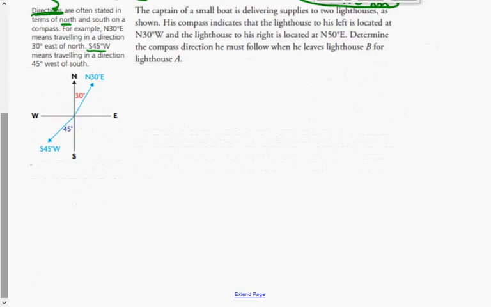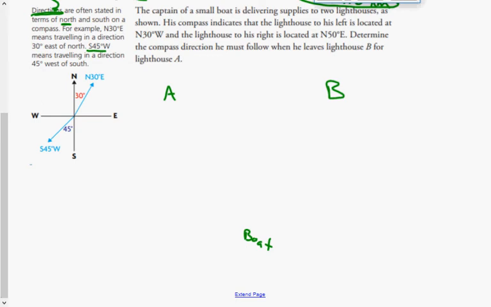All right, the captain of a small boat is delivering supplies to 2 lighthouses, as shown. So his compass indicates that the lighthouse to his left, lighthouse 1, is over here, lighthouse A, and lighthouse B. So we know that the boat is down here.